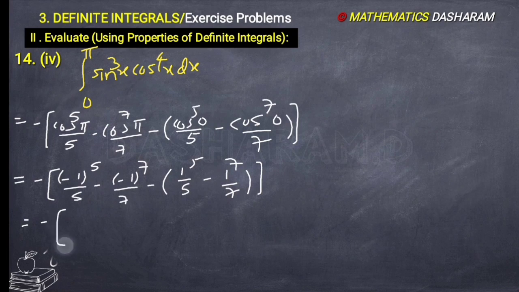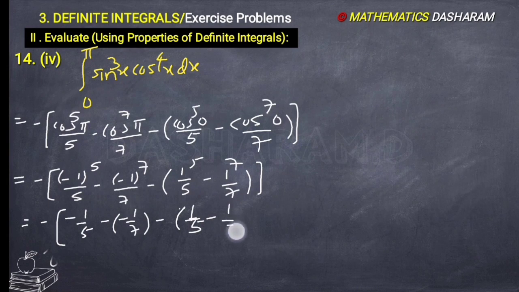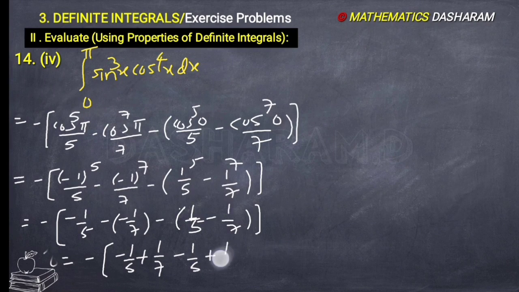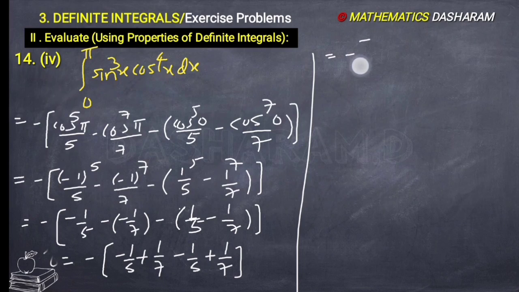So minus 1 by 5 minus of minus 1 by 7, minus 1 by 5 minus 1 by 7, so minus 1 by 5 minus of minus, plus 1 by 7. Here minus 1 by 5 plus 1 by 7, so then it is equal to minus bracket of minus 1 by 5 minus 1 by 5, minus 2 by 5, 2 by 7.